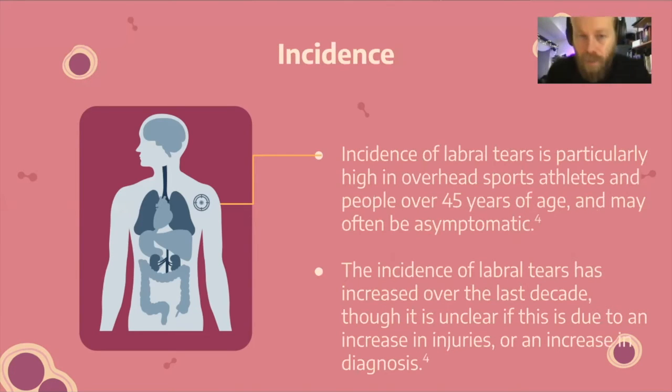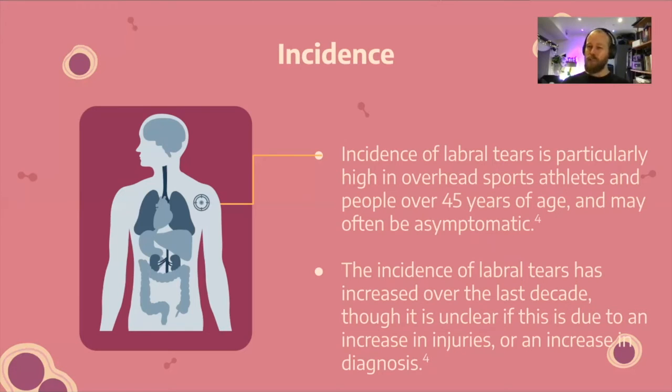Incidence is unsurprisingly pretty high in the two groups you'd expect, overhead sports athletes and people of advanced age. You tend to see an uptick in people over 45 years of age, and then you see another uptick in ages above about 60. One of the interesting things I found is that labral tears have increased in number in about the last decade.